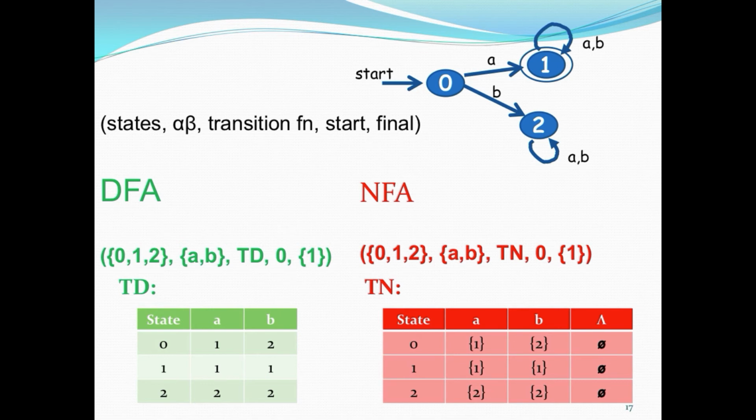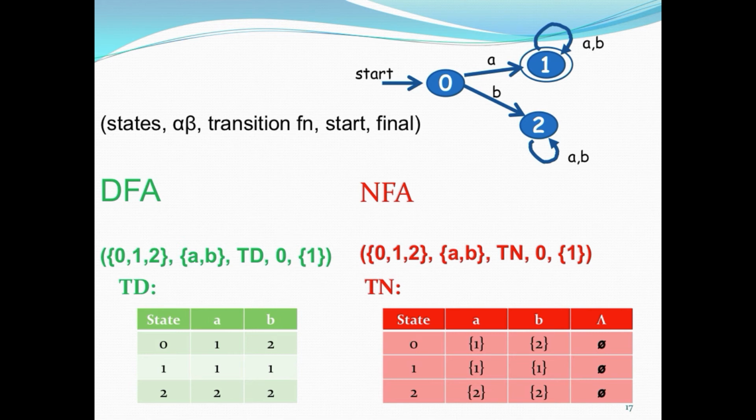And what I want you to look at is just these two formal representations of our DFA and our NFA. So if I say this is a DFA, then I have to represent it the way I show you here in green, right? And if you look at the green stuff here, everything is the same between the NFA and the DFA in terms of this 5-tuple, except for that transition table. If I say it's a DFA, then the transition table only has columns for A and B, and every element is just one singleton.